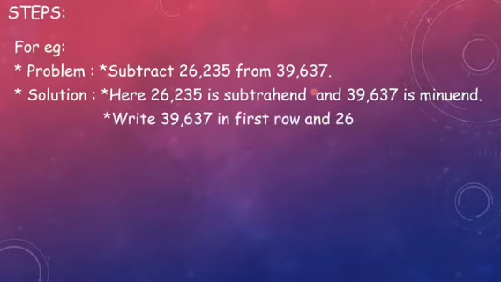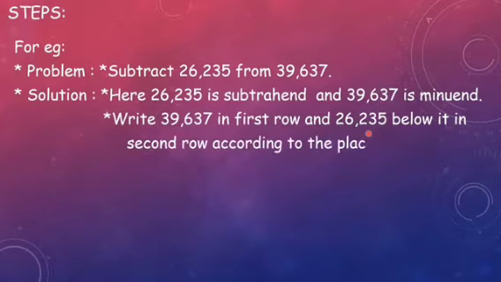Now we write one below the other. First row will have the minuend, the bigger number, and below that we have to write 26,235, which is the subtrahend. We need to write it in the second row according to the place value of the digits.